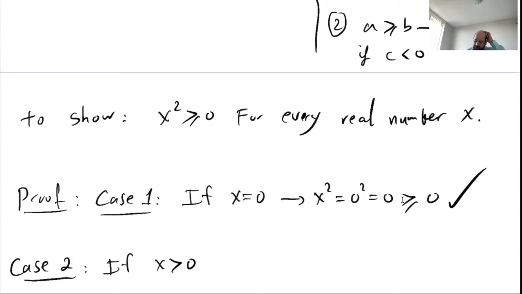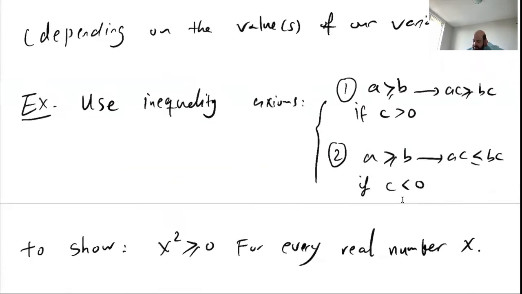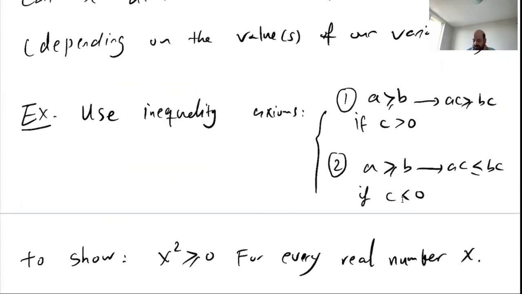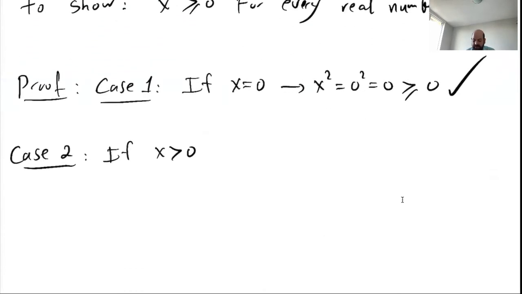Now, if it's something positive, what can I do? Remember, I'm allowed to use these two properties. Property 1 says if I have an inequality, I can multiply both sides with a positive number and the inequality remains the same. Well, in this case, I'm assuming that x is positive. So I'm allowed to multiply both sides by x.